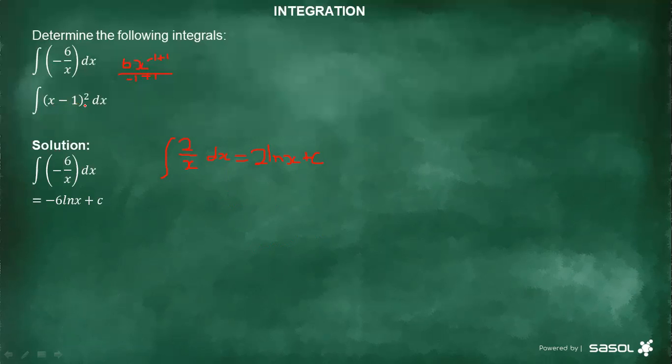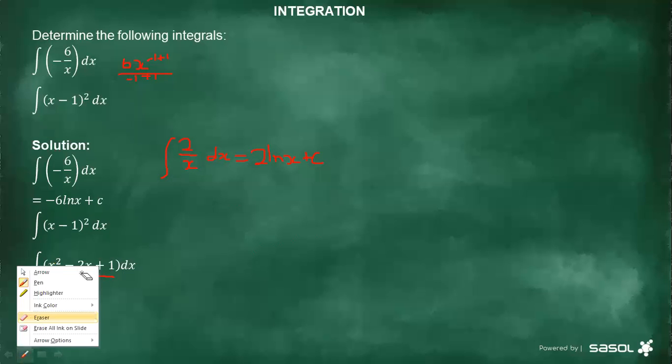We first have to open the bracket, because it's going to be two brackets because of this exponent 2. So it's going to be (x minus 1) into (x minus 1). We apply FOIL, and this is what we obtain, which is x squared minus 2x plus 1. That is the quadratic that we obtain after we multiply the two brackets.